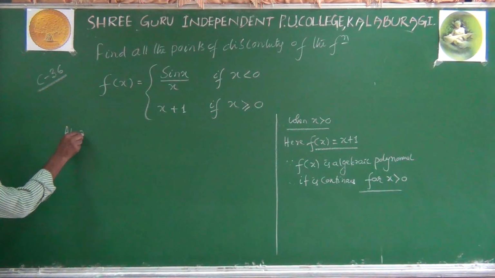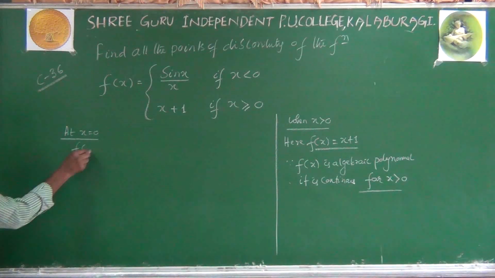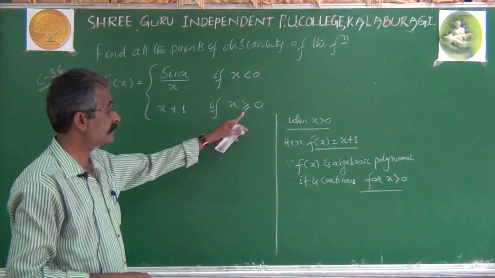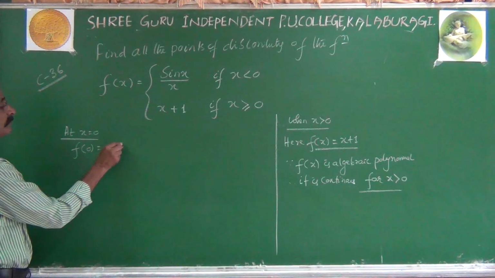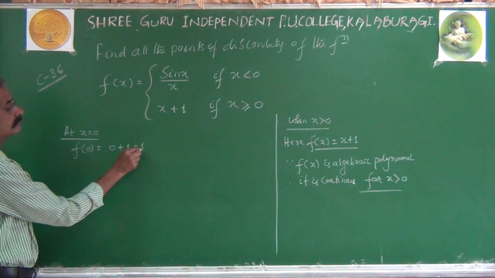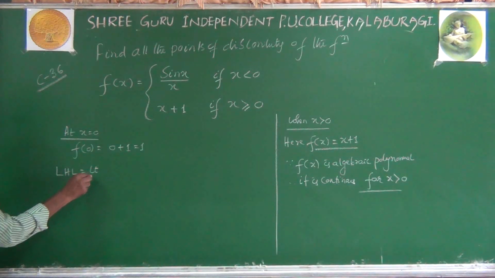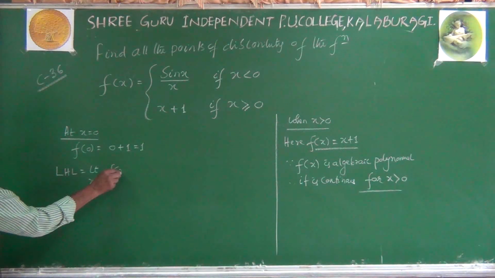At x equal to 0. Now f of 0 means f of x when x equal to 0. Here it holds 0 plus 1, that is 1. Let's find the left hand limit and right hand limit. LHL, limit x tending to 0 minus f of x.